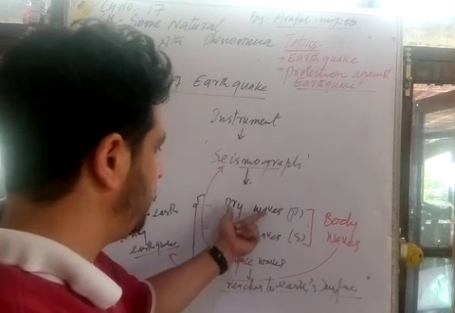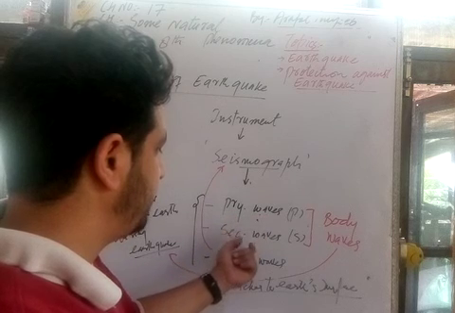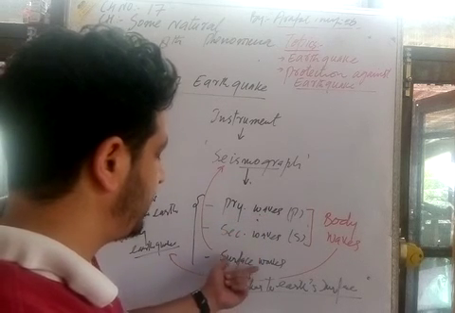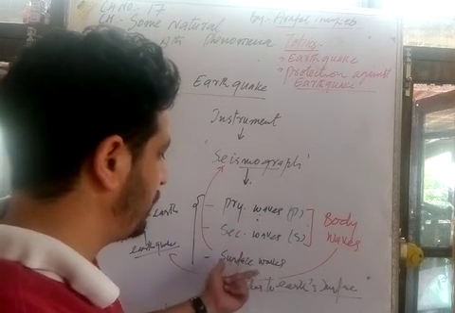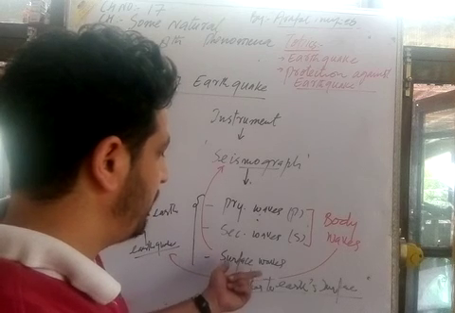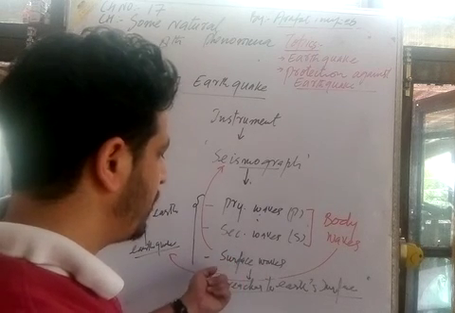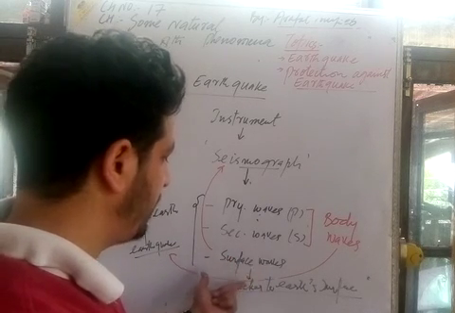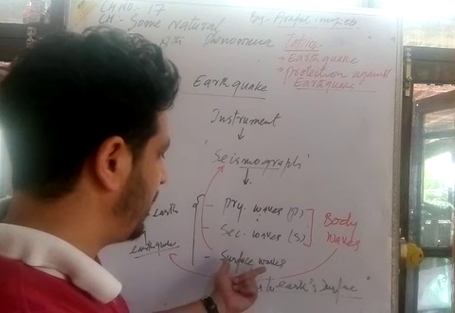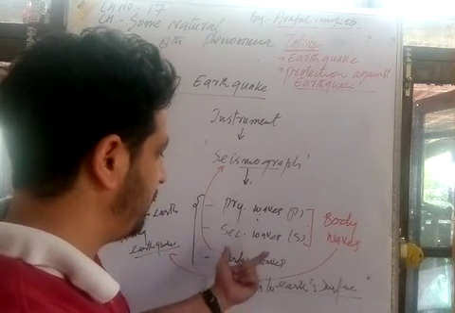Then when they travel at a high intensity and strike the rocks of the earth's surface, the buildings, and the water bodies, these are known as surface seismic waves.